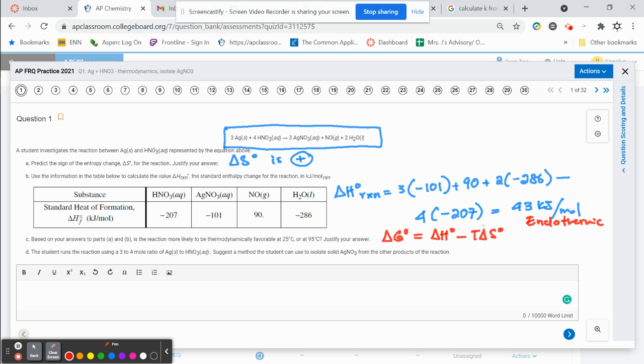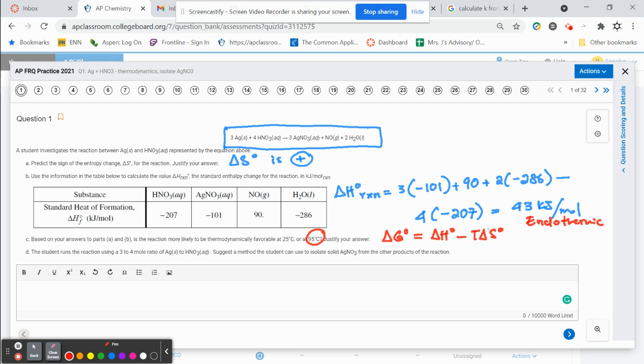So because of that, you will end up with something that is more thermodynamically favorable at a higher T value. Okay, so delta S is positive here, so increasing the temperature is going to make this reaction more favorable. So it is more favorable at 95 degrees Celsius because of the fact that delta H is positive, but delta S is also positive, and that will increase this term.